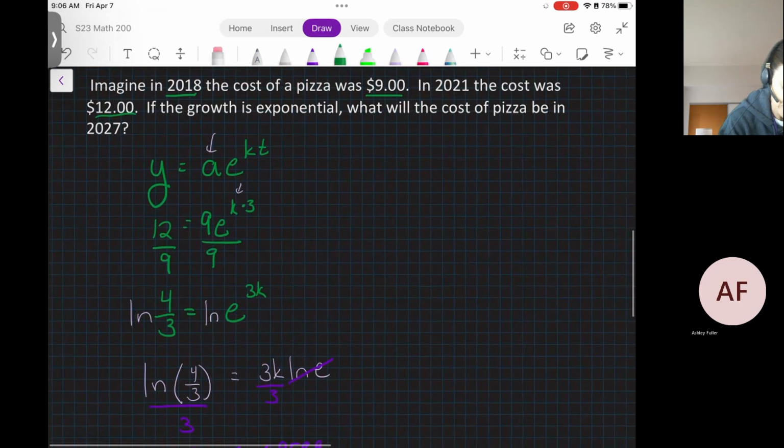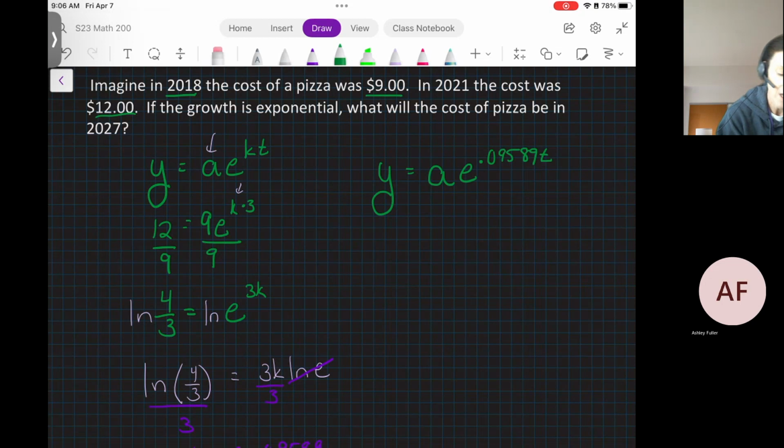And then we can go back to our original equation. We know the cost of a pizza is going to be the original cost, a, times e to the 0.09589, which is our k value, times t. Notice our original cost does not change. It's still 9. And then we have e to the 0.09589.